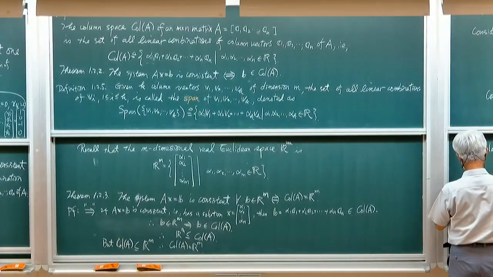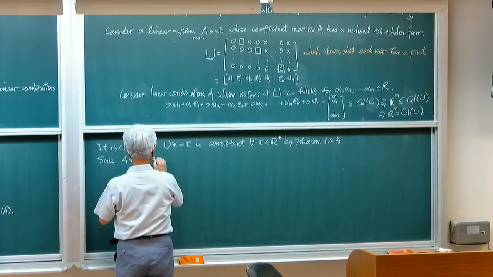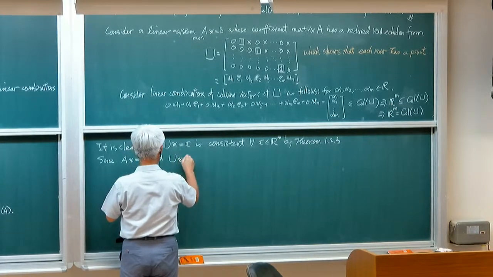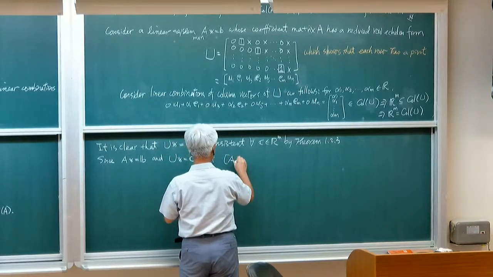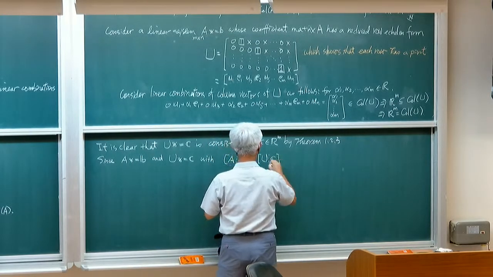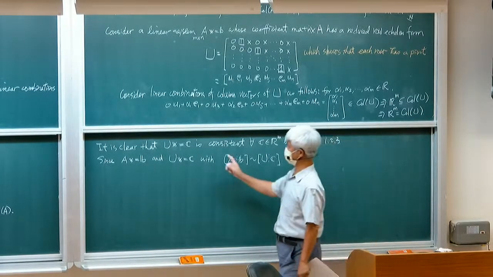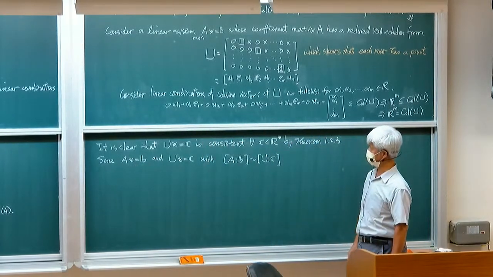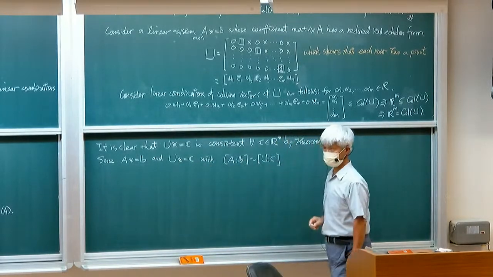So the connection is here. Since Ax equal to B and Ux equal to C, by row operations, the original linear system becomes this linear system, right? And U is in reduced row echelon form.